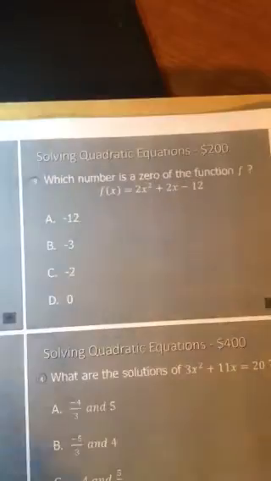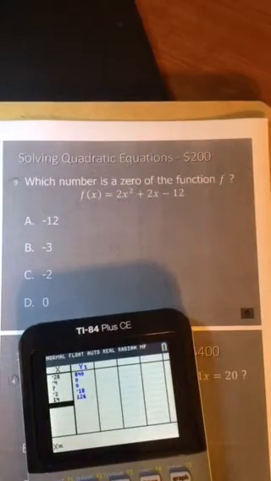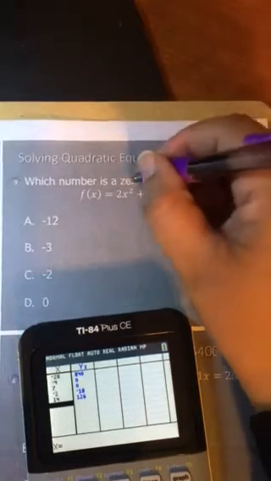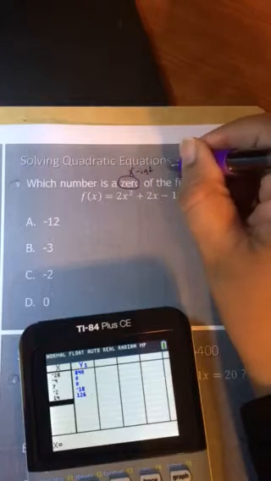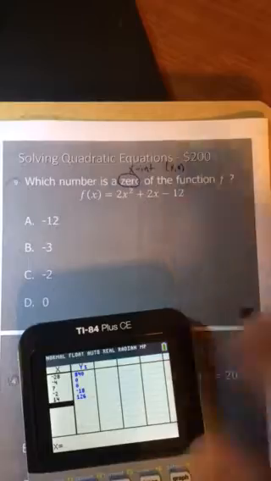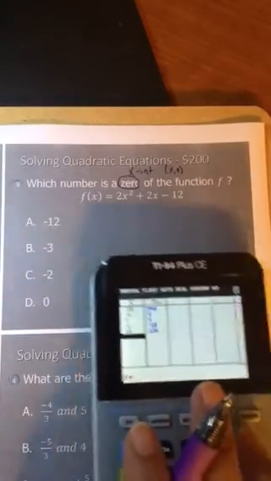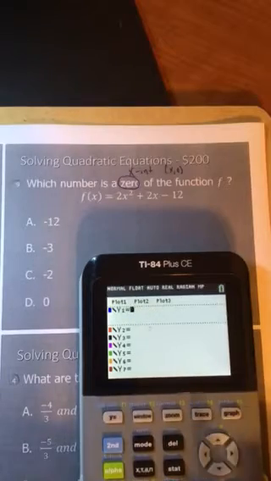Okay, so number 9. Which number is a 0 of the function? Remember, 0, that's your x-intercept. That's where y is 0. So again, it's looking for where on the parabola it's touching the x-axis.